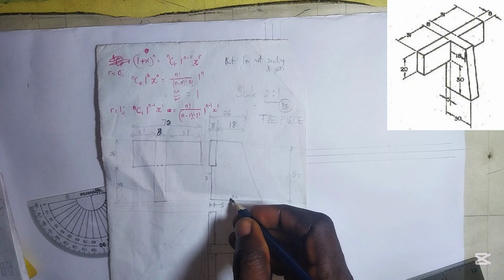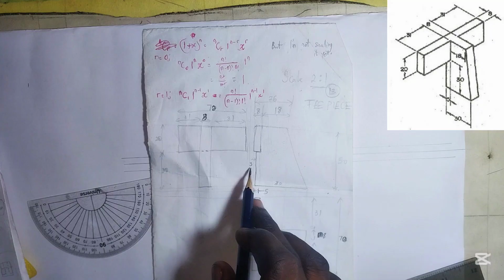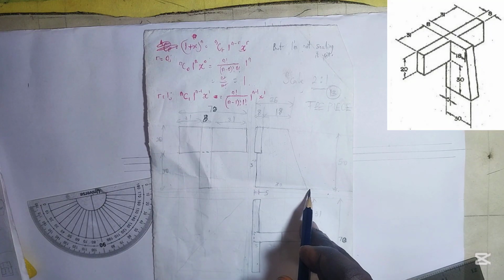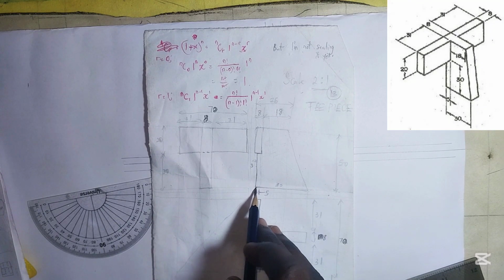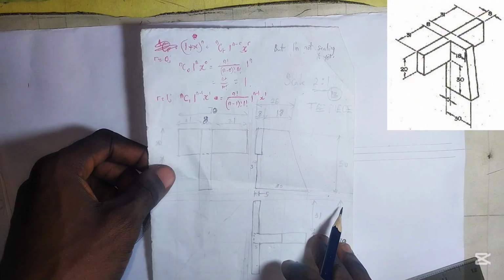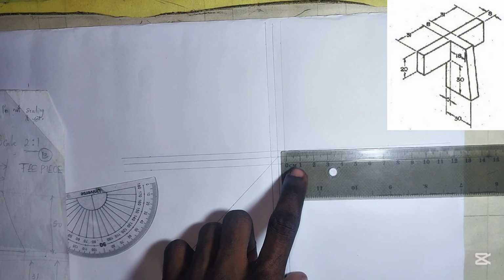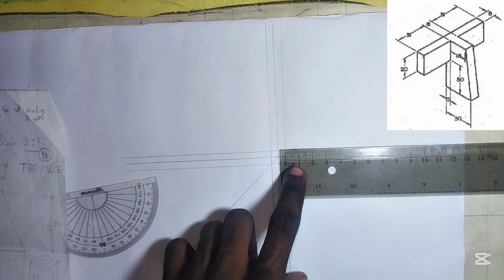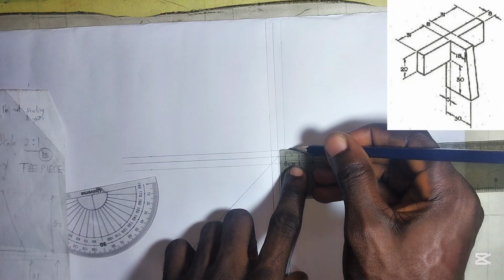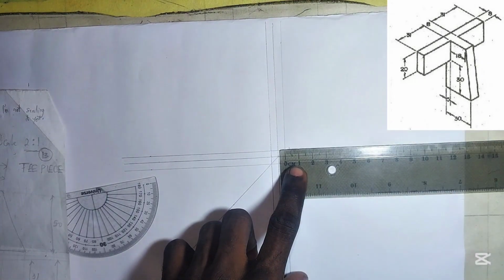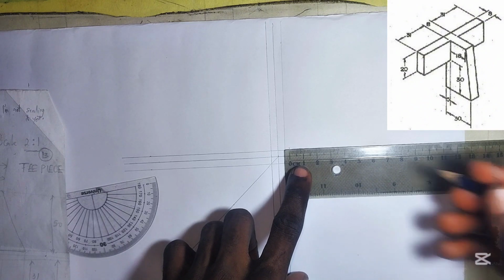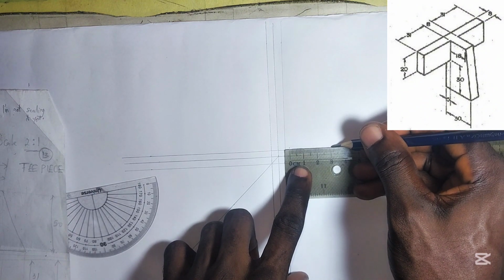So after the 3 mm, we have 30. That means I have 0.3, then 3 centimeter. So I'll mark this for 0.3, and from the 0.3, I'm having 3 centimeter.